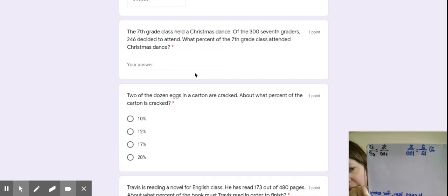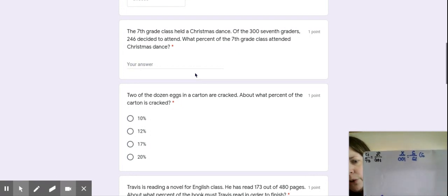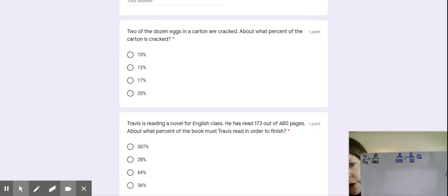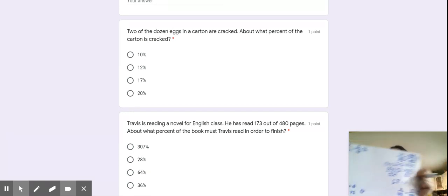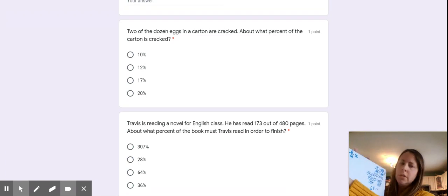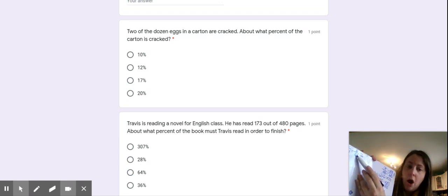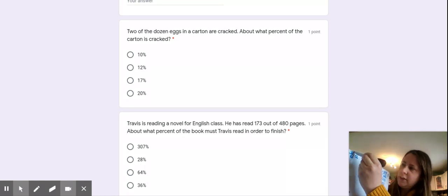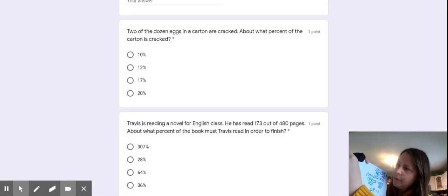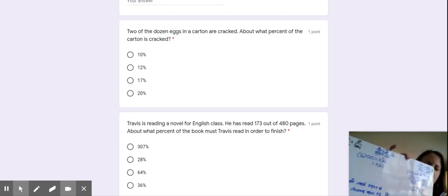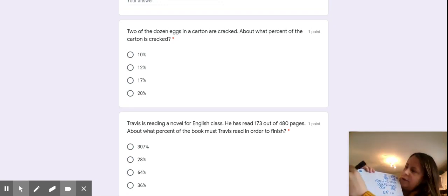Number 2 is going to be the same thing. 2 of the dozen eggs in a carton are cracked. About what percent of the carton is cracked? 2 of the 12, what percent? Cross multiply. I have 12x equals 100 times 2. When I multiply 100 times 2, I get 200.